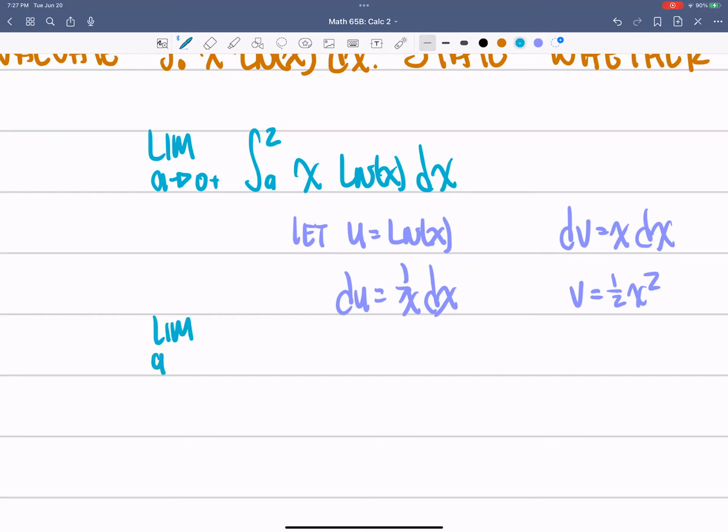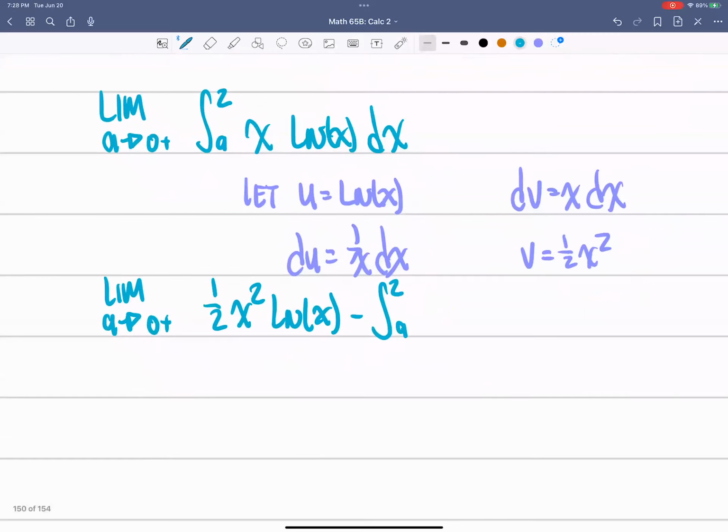So the limit as a approaches 0 from the right, a to 2. So u times v, we have 1 over 2 x squared ln of x, minus the integral from a to 2 of v du.